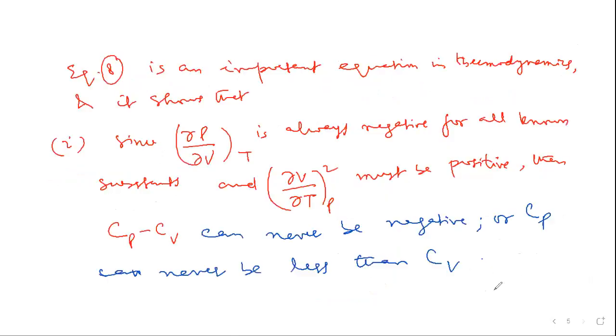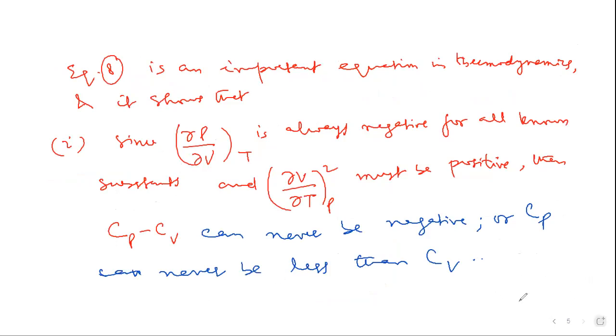This is one conclusion. And remember, what is the meaning of ∂P/∂V at T is always negative, right? That means at constant temperature, if you increase volume, pressure will drop.